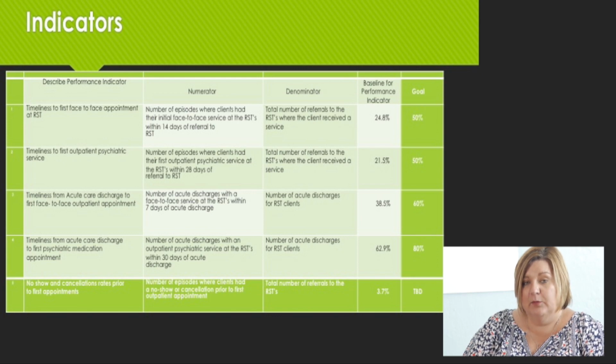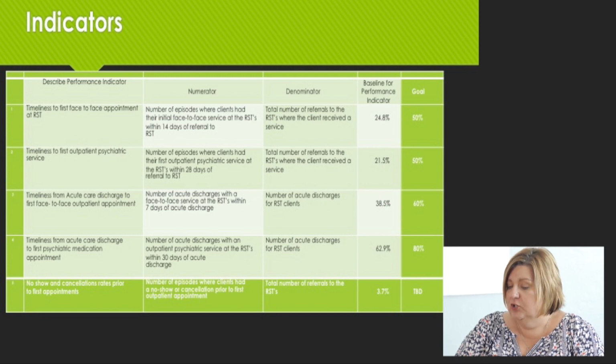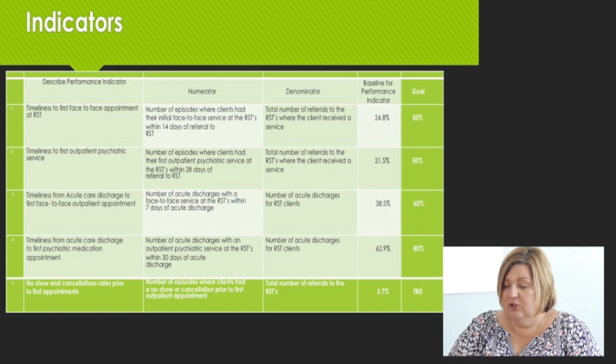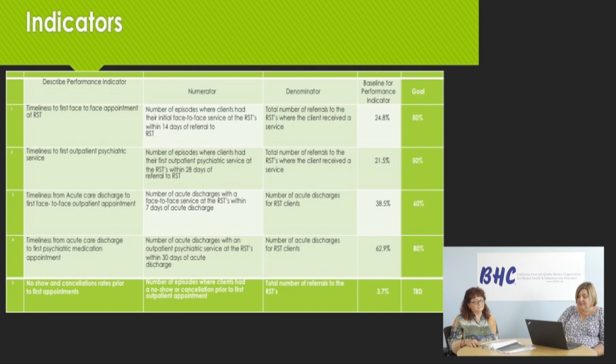So the next couple of slides go through the indicators from our example from the PIP library. In these indicators, they are looking at the timeliness to first face-to-face appointment. They've included the numerator and denominator, how they're defining those. They've included their baseline and then their goal. They're also looking at the timeliness to first outpatient psychiatric service, timeliness from discharge to the face-to-face, and timeliness from discharge to the psychiatric medication appointment.